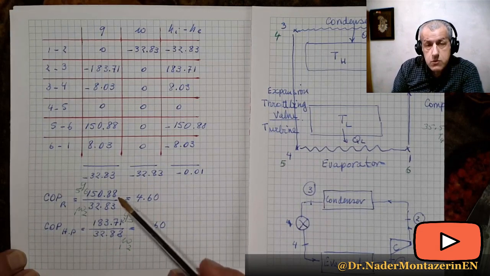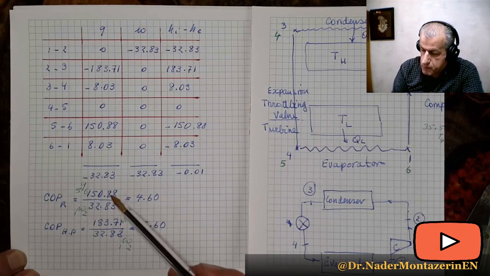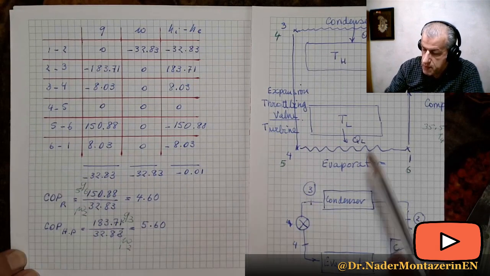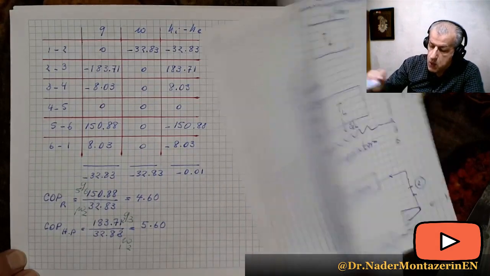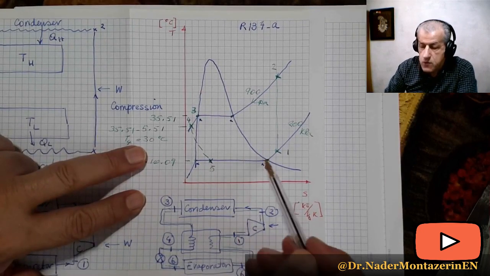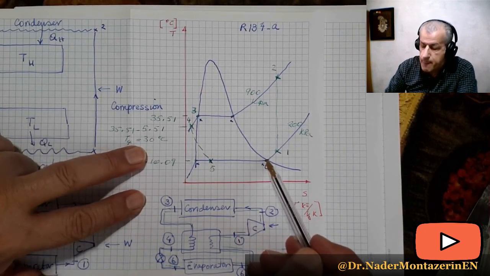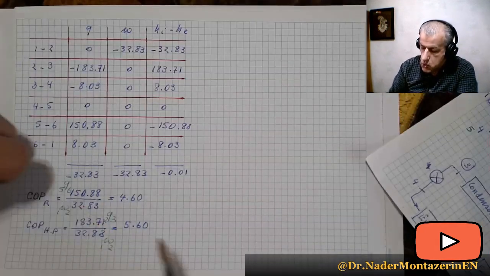Or we wanted to cool a cooler reservoir, and the coefficient of performance would be calculated this way. Q56 would be what we gained, and what we had done for it was work from 1 to 2.